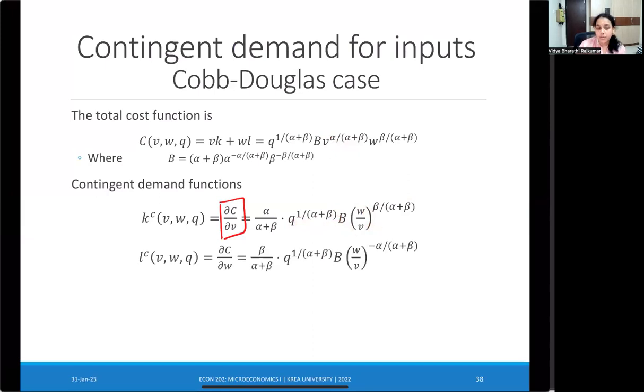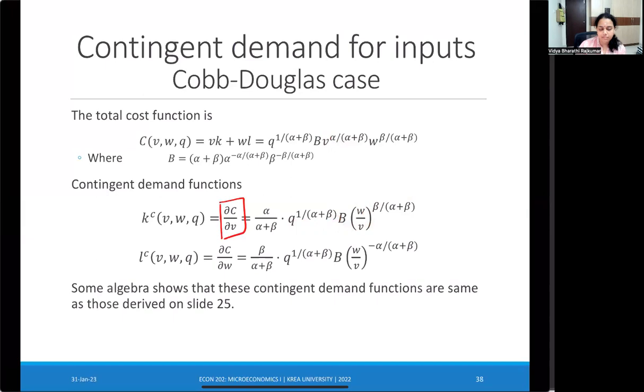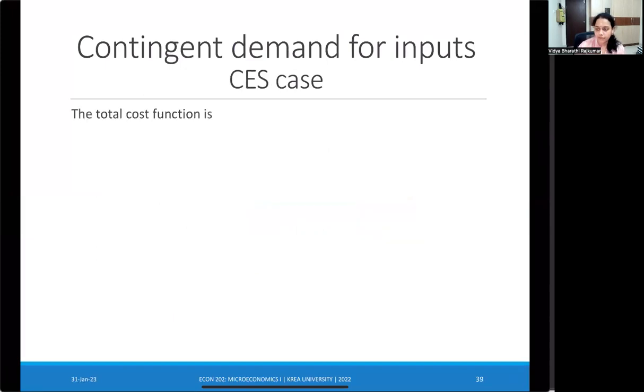And you can also similarly write down your labor demand function. And if you actually compare it with the Kc and Lc that we derived a few slides earlier, they're the same. And then the contingent demand for the CES case. So this is our cost function in the CES scenario.